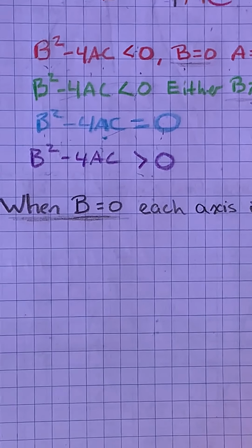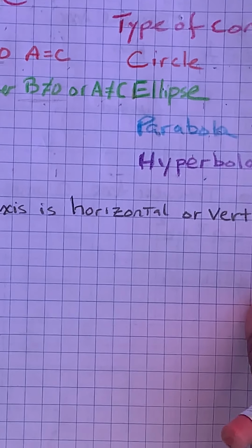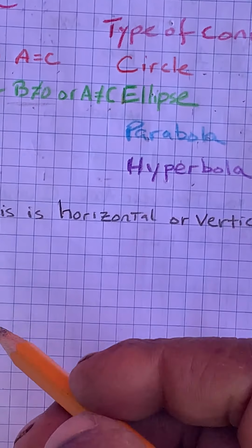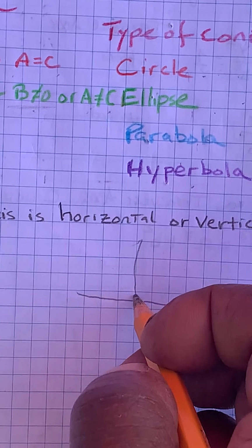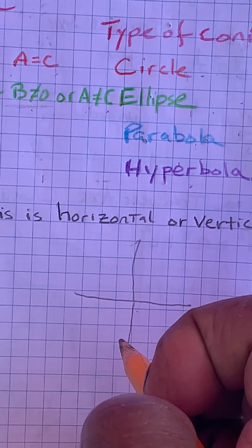One other little fact to remember is when b is equal to 0, that means your axes are horizontal or vertical. So everything we've been doing so far, our axes have been horizontal or vertical.